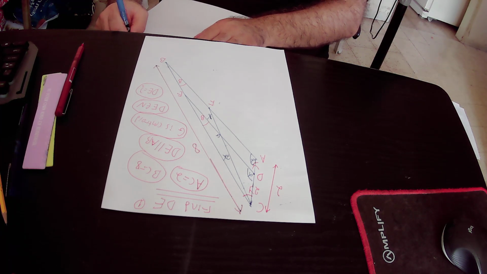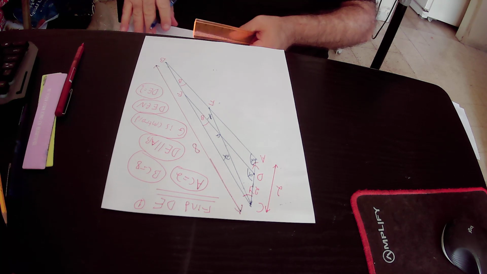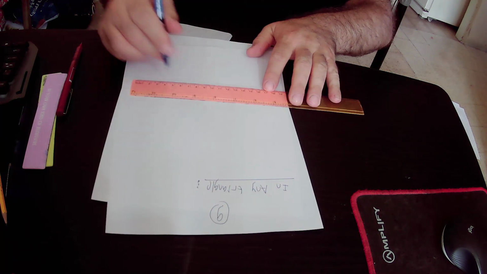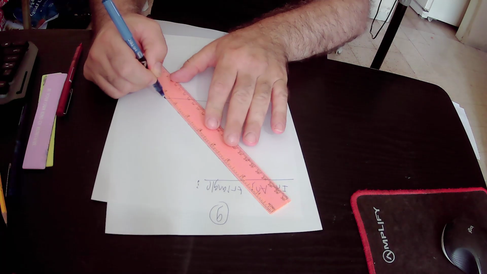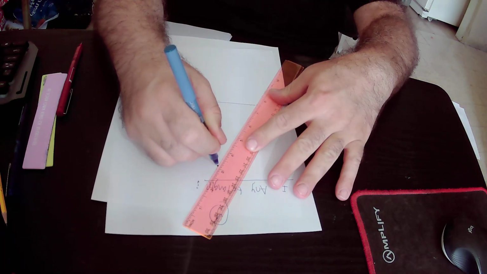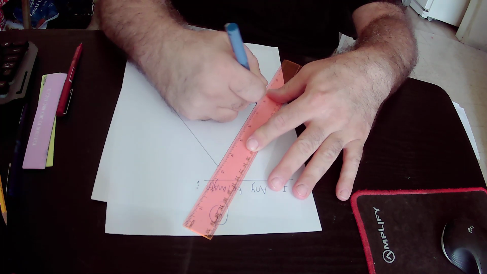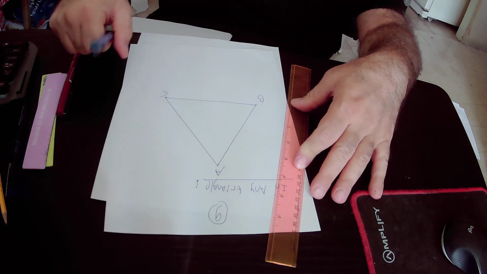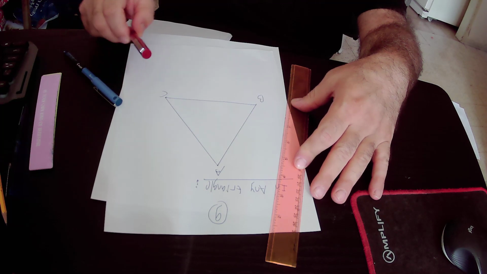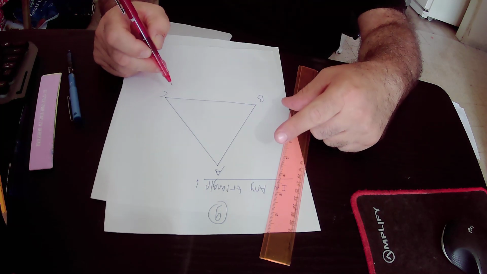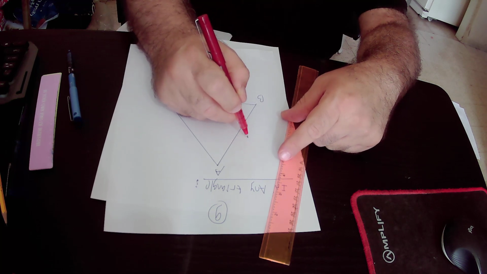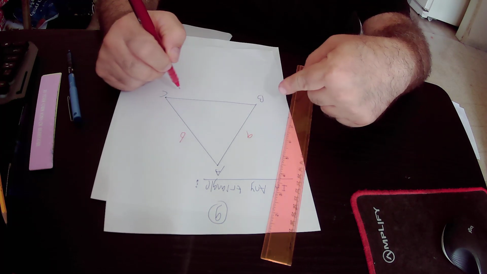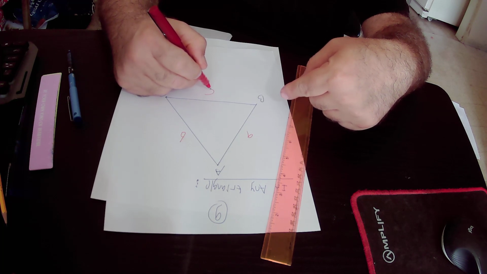If we have triangle ABC, that could be any triangle, and we know that the size of side AB is A units, the size of side AC of triangle ABC is B units, and the size of side BC of triangle ABC is C units.